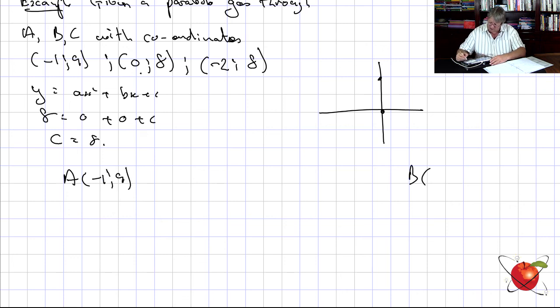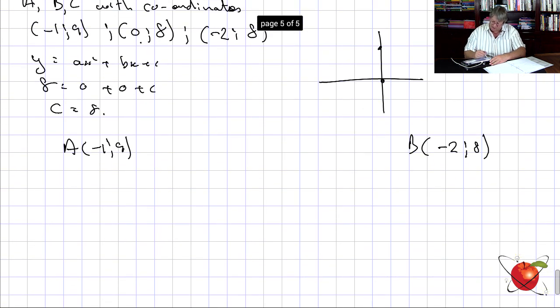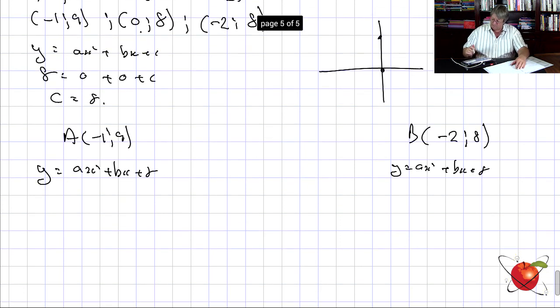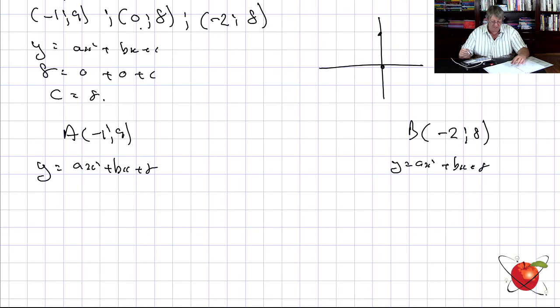And point B is -2 and 8. My standard form is y is equal to ax squared plus bx plus 8. Now we're going to put in the x and the y in each case.